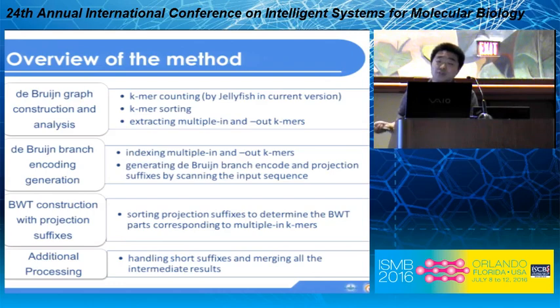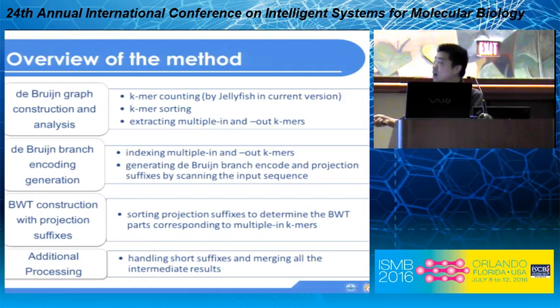Here, I briefly give the 3 steps, and please refer to the paper for the details. In the first step, deBWT employs a k-mer counting tool to get all the k-mers and their numbers of copies. In the current version, we use Jellyfish to do the k-mer counting. And then deBWT constructs and analyzes the de Bruijn graph by k-mer sorting, and extracts the multiple-in and multiple-out k-mers.